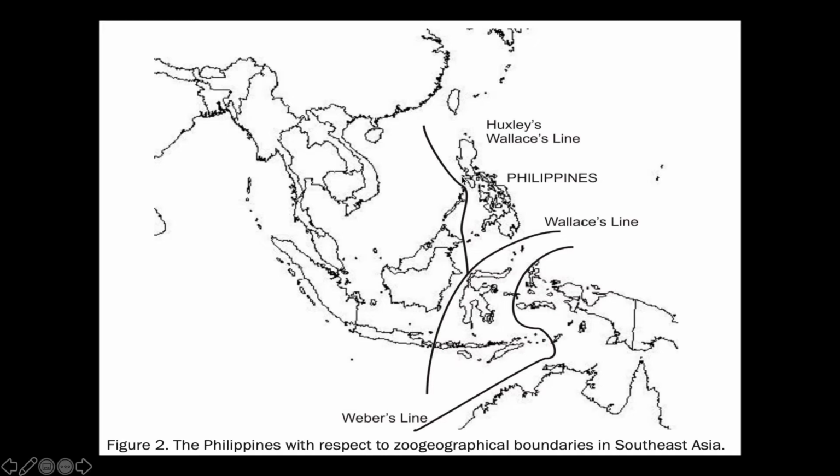So, the modification of Huxley delineated sharply the Palawan and the rest of the Philippines. While the modification of Dickerson sharply sets it off right here. No? It curves right here in the Basi Channel.